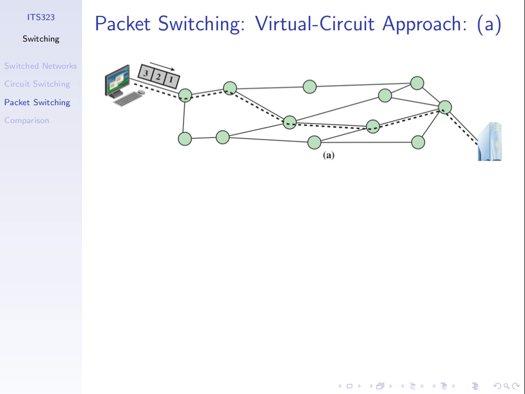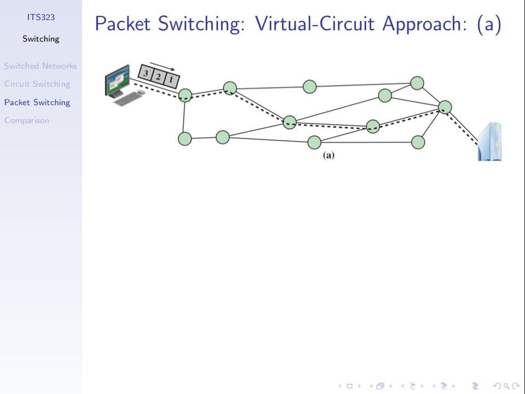That is, the request went along this path, this one accepted along the same path, and now the source computer sends its 3 packets, packet 1, 2 and 3, to the first switch. The first switch knows all the packets from this computer to this destination must go to this next switch on the path. And this switch will forward all those 3 packets to this one, and so on.